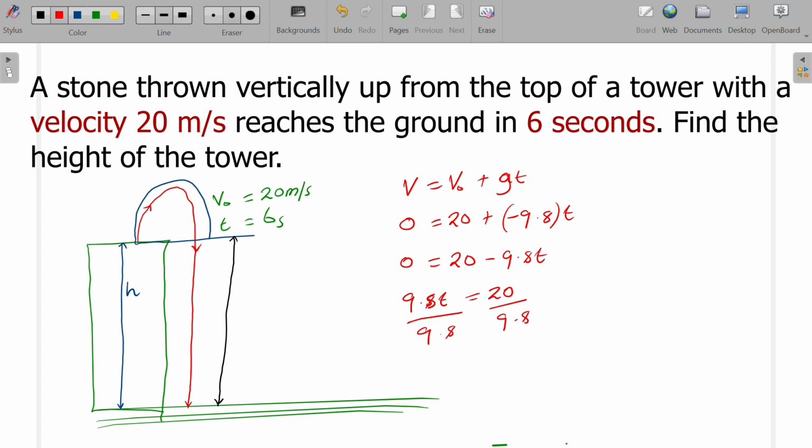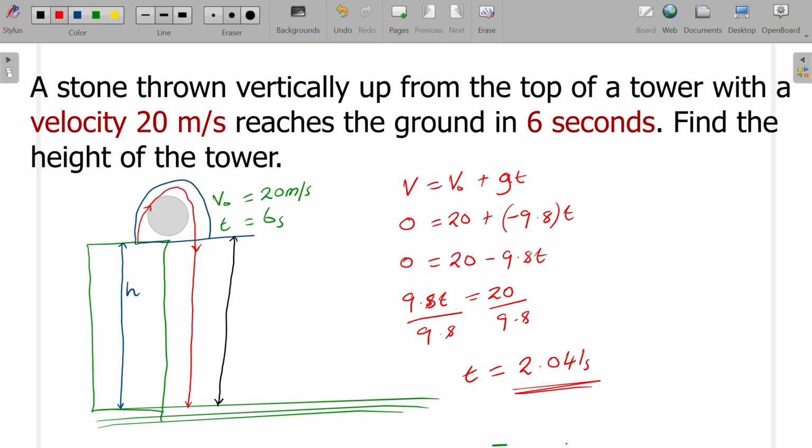When we do this, according to my calculator, our time is equal to 2.041 seconds. So this is the time it will take to reach its highest point. The highest point we are talking about is the top of the tower.